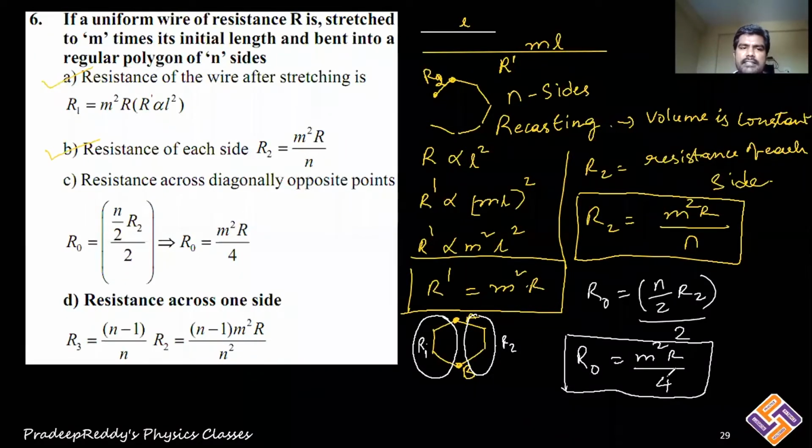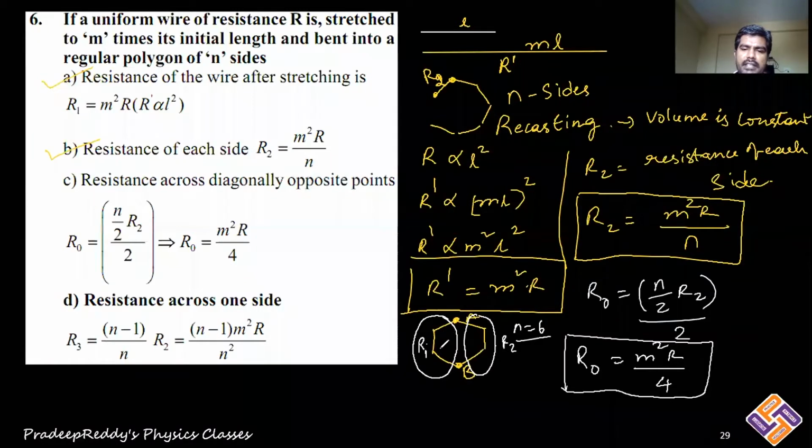This is the resistance across diagonally opposite points, because when you are dealing with n number of sides, if they are diagonally opposite points, that becomes half of the n number. Check it up. Suppose here n is equal to 6. Diagonally opposite points are A and B. So in such a case, half of this part becomes n is equal to 3.